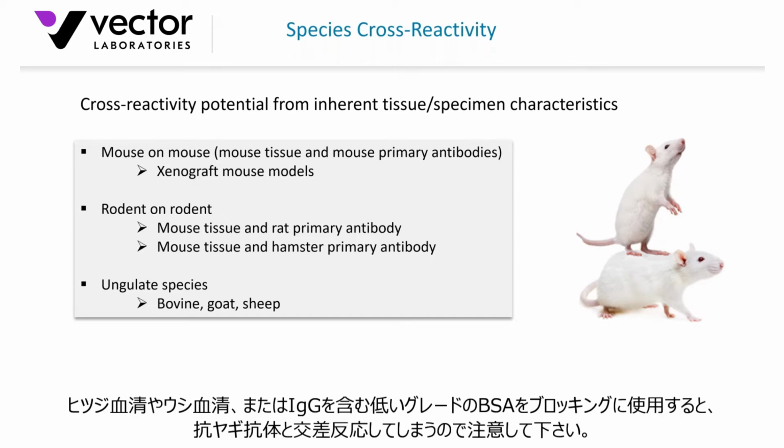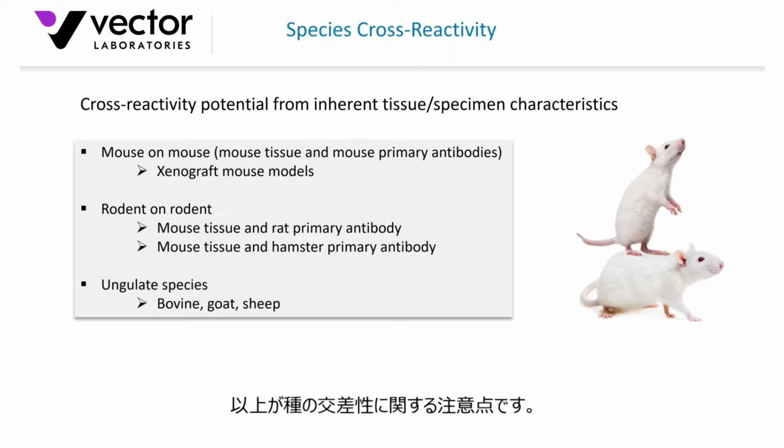So if you have sheep or bovine serum, maybe a low-grade BSA is being introduced somewhere, either in a diluent, or if this is in a cell culture application, just be aware that an anti-goat secondary antibody may bind, probably will bind, to bovine IgG that may be introduced through a BSA or something like that. So just be aware of those given cross-reactivity parameters.